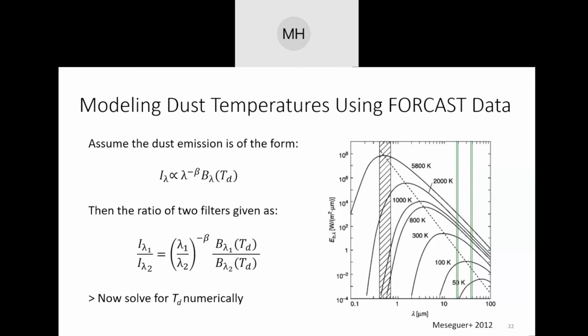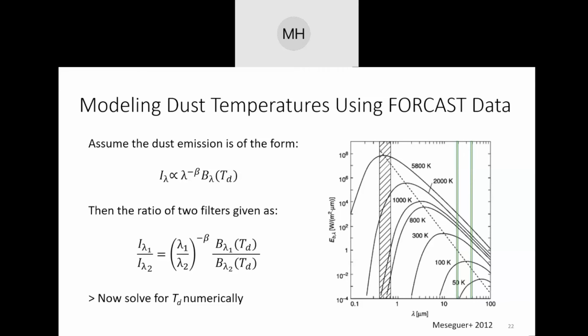And so if you have that, you can take a ratio of the two emission filters that you have, and it's basically given by this lower equation: the ratio of the emission of the two filters is going to be equal to the ratio of the wavelengths to whatever power law you're assuming for the emissivity of the dust, times the ratio of the black body functions. And the key here is that the dust temperature in both of those black body functions is the same.